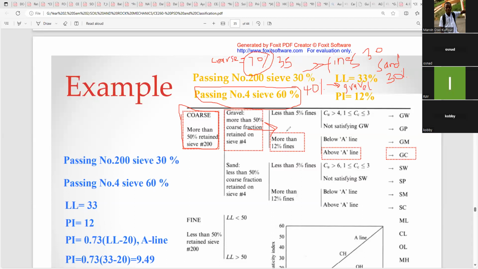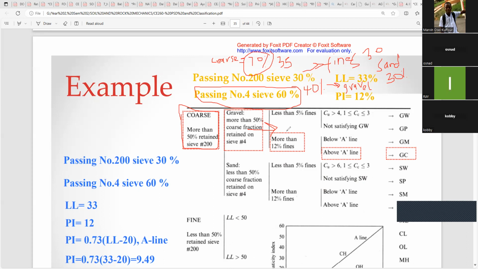Yeah, Osman or Kobe, if you are available. Ray, you can answer too. Okay, I think we'll choose the more, because the fines are basically more than 12%, right?